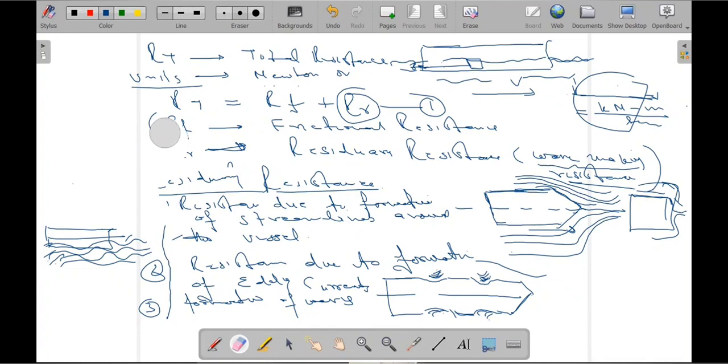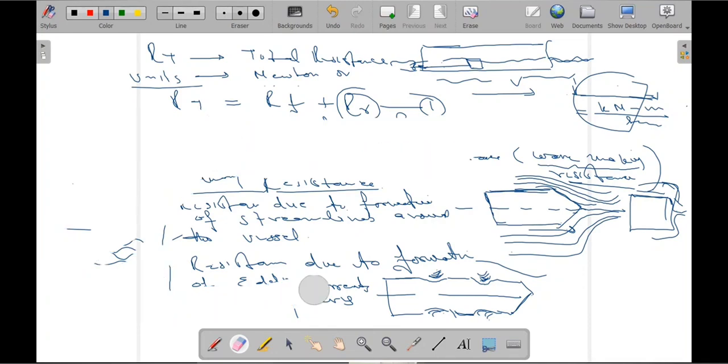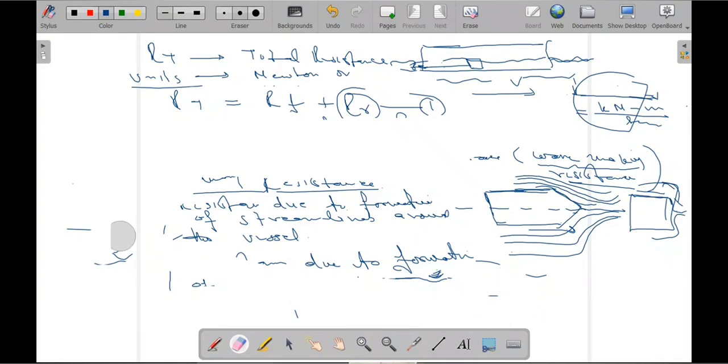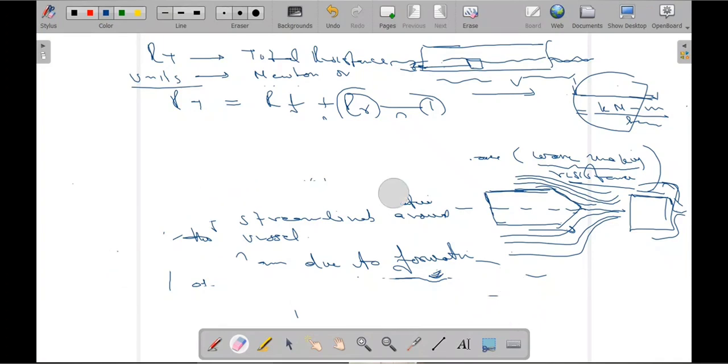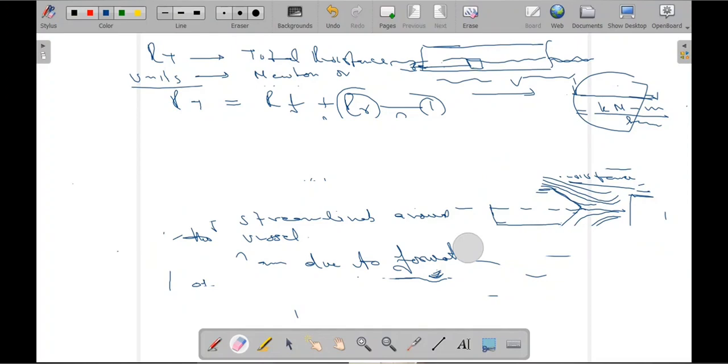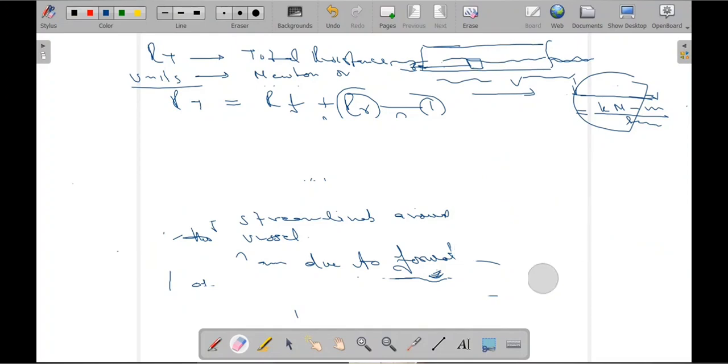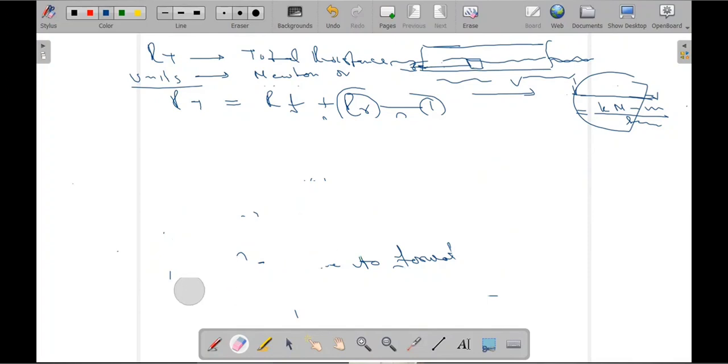So we are back to the first formula, which says that the total resistance is the sum of frictional resistance and residuary resistance. Now for slow moving vessels, the frictional resistance is dominant. That is a major component of the total resistance.